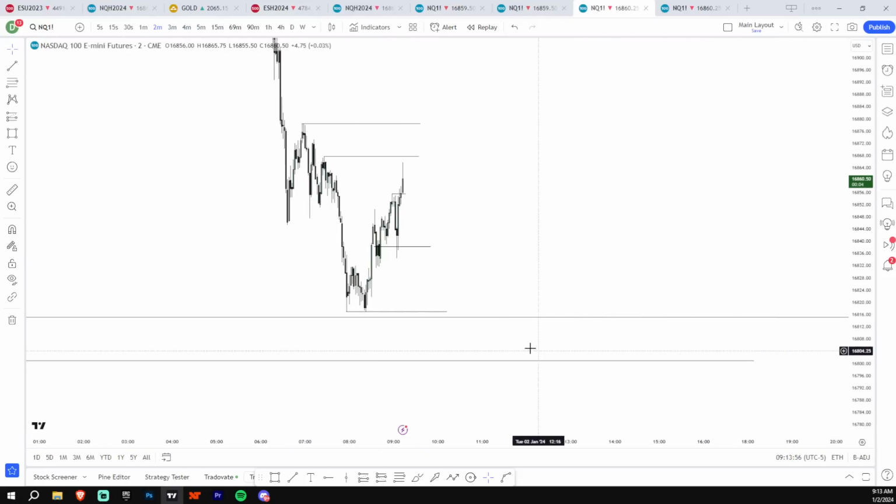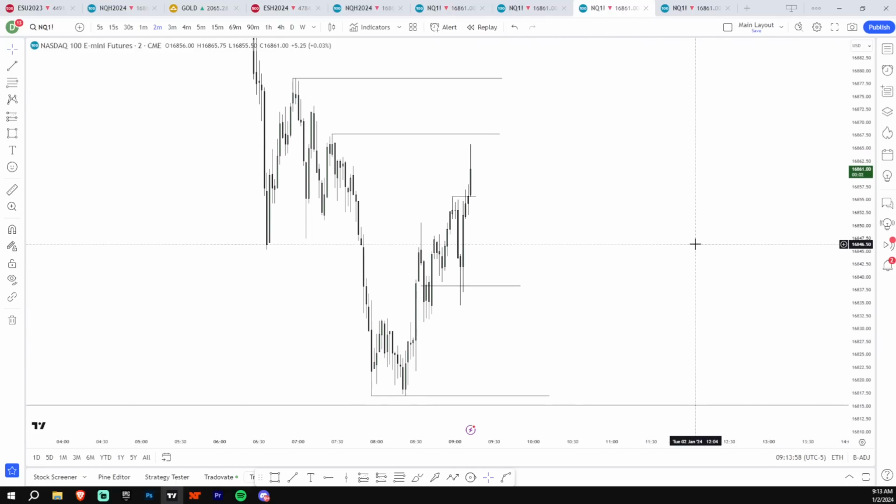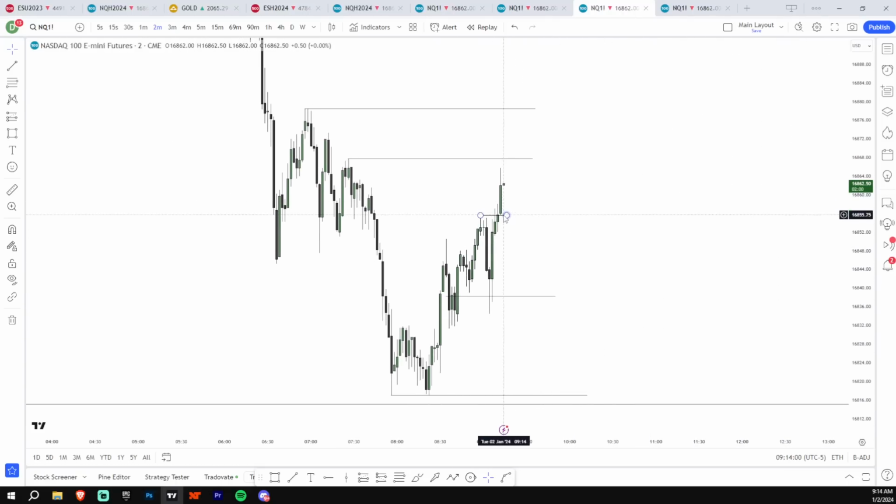So I'm gonna just have these two marked out. If you're in this long, again, scale half here, and then the other would be till here. And your stop should definitely be break even now.